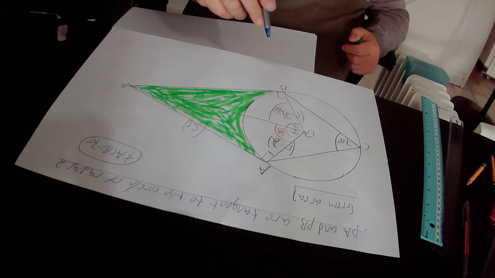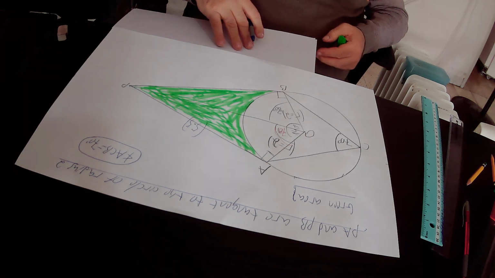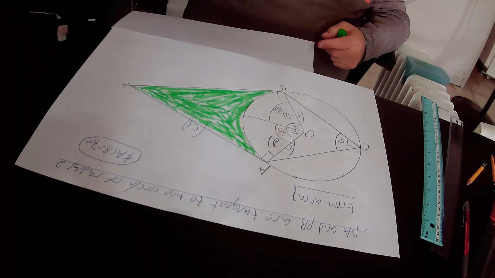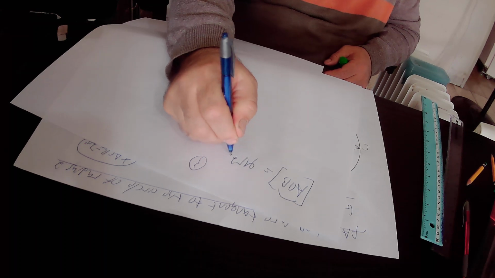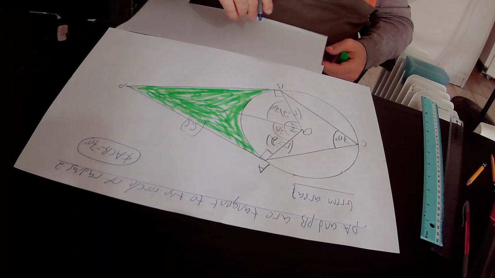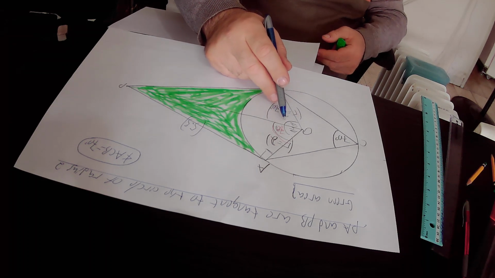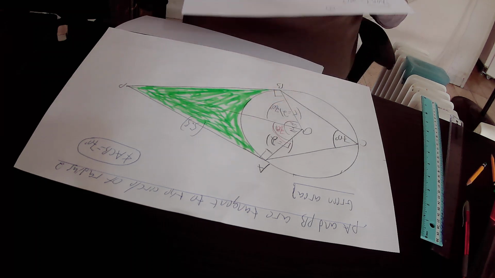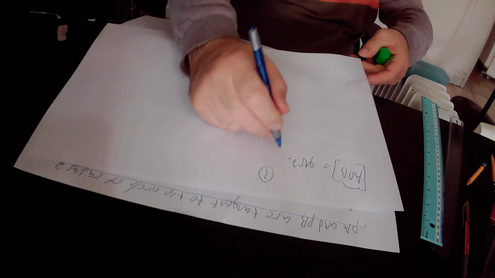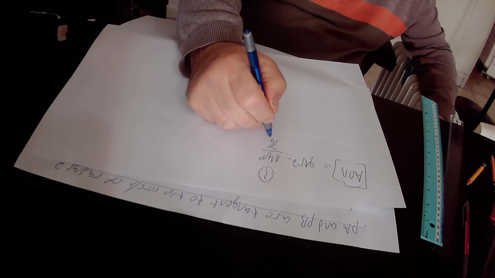The area of sector AOB equals the area of the circle that contains the sector, that is actually pi r squared, times the angle between the legs of this sector, that is actually 140 degrees, as you can see here, 140 degrees over 360 degrees.